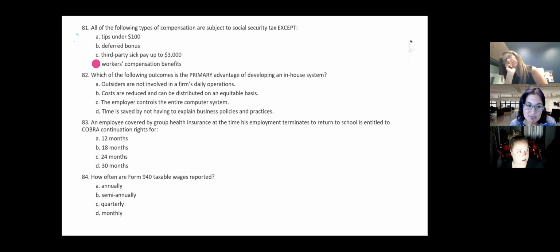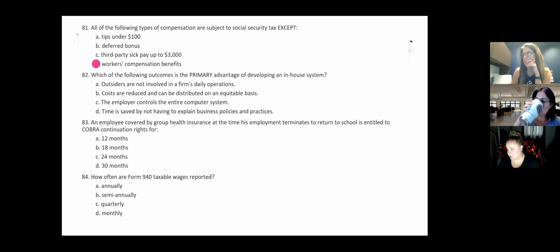If you are getting workers' comp benefits, it is not subject to Social Security tax. All those other things are subject to Social Security tax. The exception to that is kind of confusing as A. There is a threshold on tips, but it's less than 100. So I think that's where they're trying to trick you again.